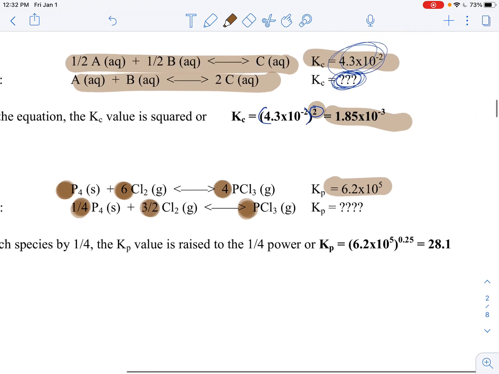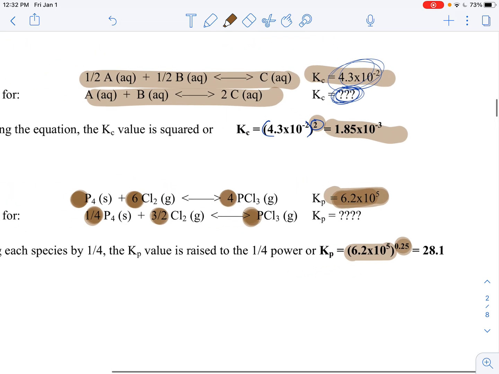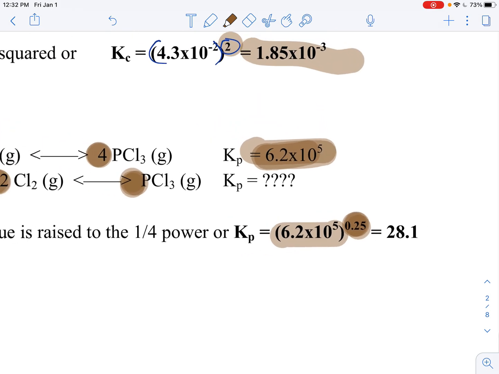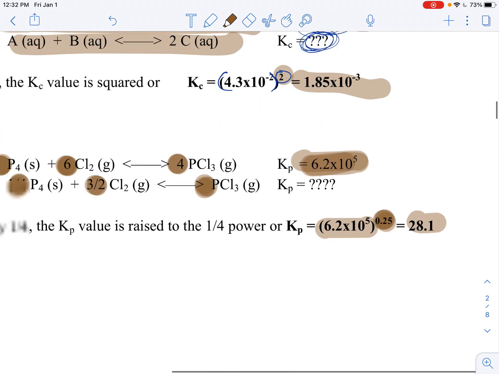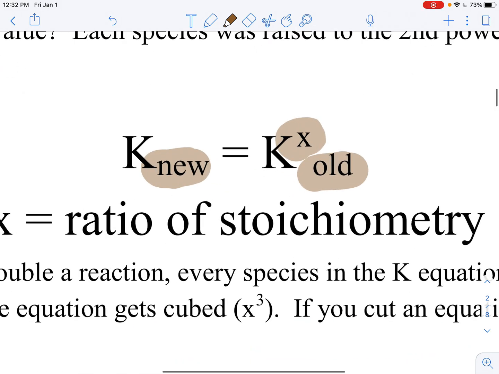If I am cutting this by a fourth, then I'm going to raise the K to the 1/4 power. I'm going to take my normal number that I started with, and because I divided this whole equation by 4, or more to the point, I multiplied it by a quarter, I am now going to raise this to the 1/4 power, and I'm going to get my different number.